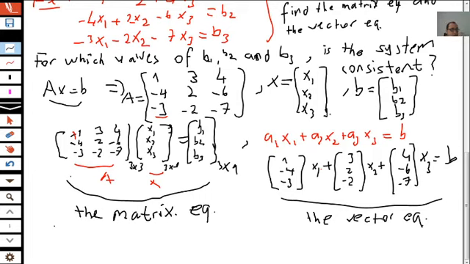So for which values of b1, b2 and b3 is the system consistent? For this, of course, we should find the augmented matrix of the system. There is no space here, therefore I should open another page.